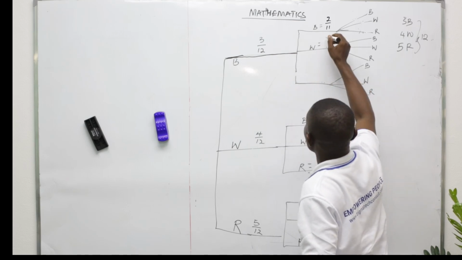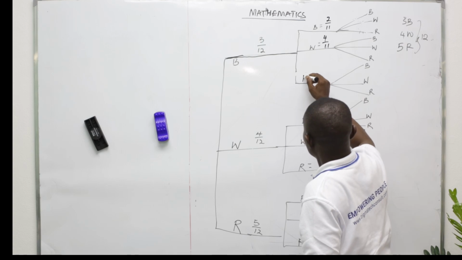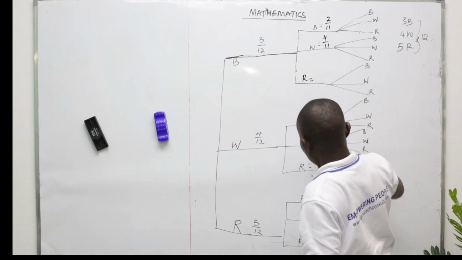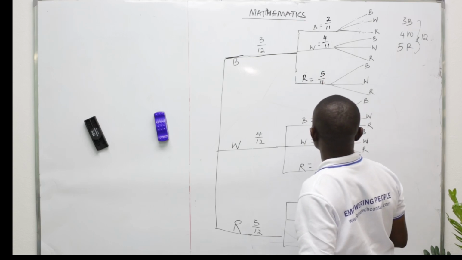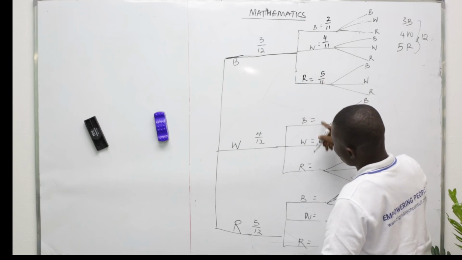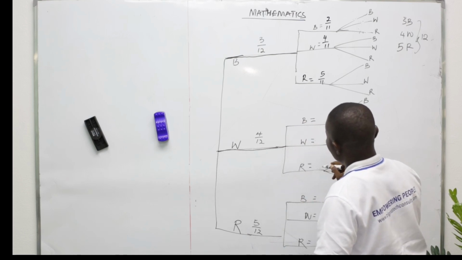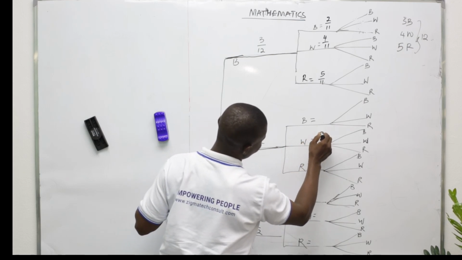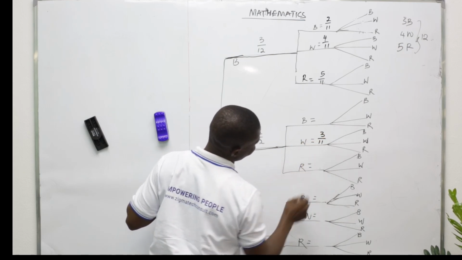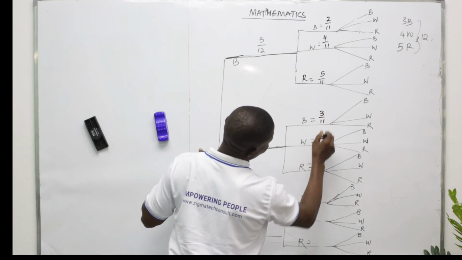So for the rest, only the denominator will be affected. So for red, 5 over 11. The same thing this way: the owner of this lane is white, so only white will be affected at the numerator and the denominator, but for the rest, only the denominator will be affected.